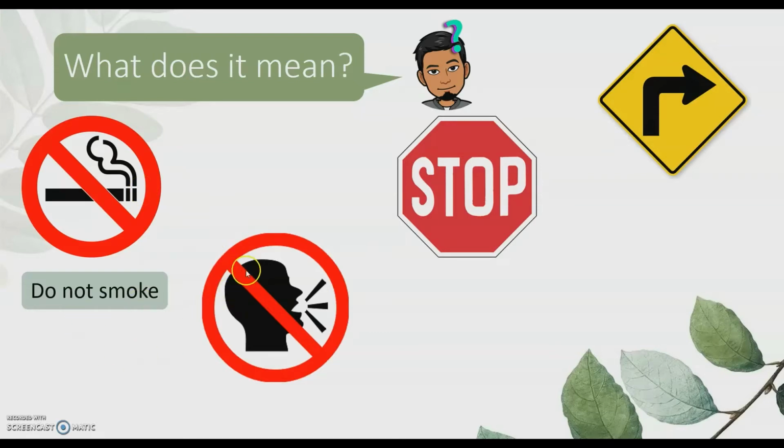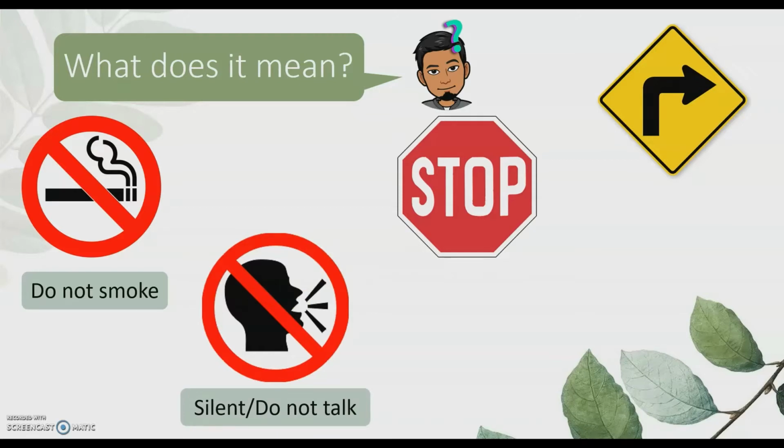Okay, let's see the second one. The second one is a picture just the same like the do not smoke. The circle is the same, and in the circle there is a picture of someone talking. Do you know what is the meaning of this sign? Okay, let's see.